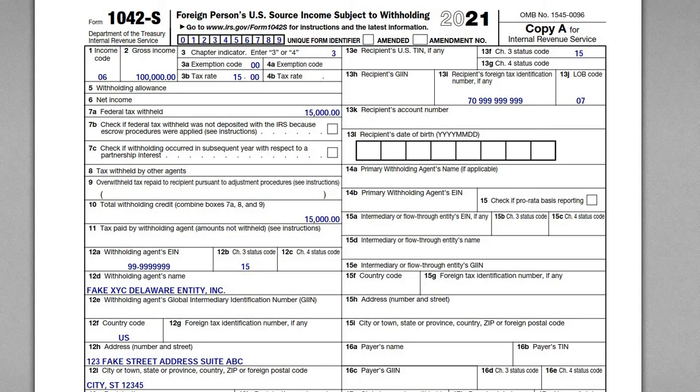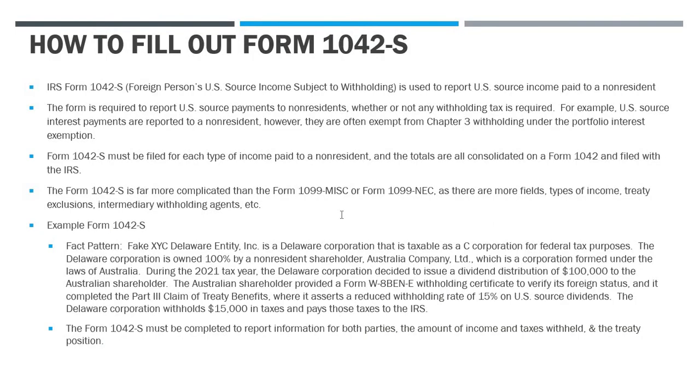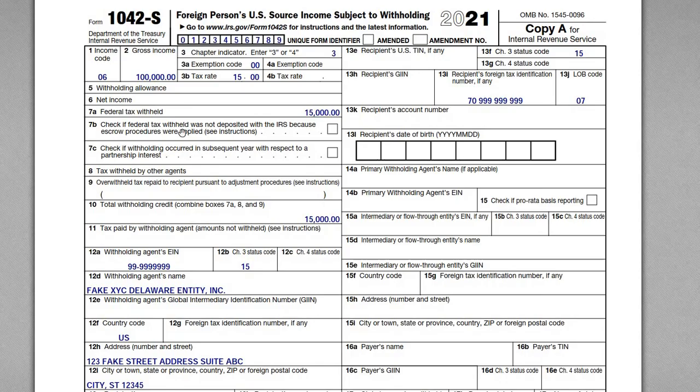Now, just to recap what also needs to be done, the 1042S is filed for each type of income for each payor. So what I mean by that is, let's say in addition to the dividend income, you also paid interest to this company. So they received a dividend, but there was also a shareholder loan and there were interest payments going out. You would have a separate 1042S for the interest payments, and then you would have this one for the dividends.